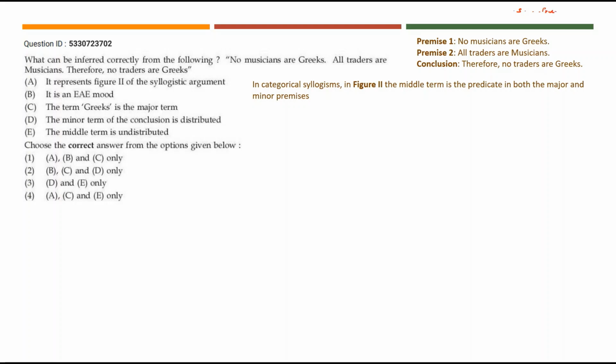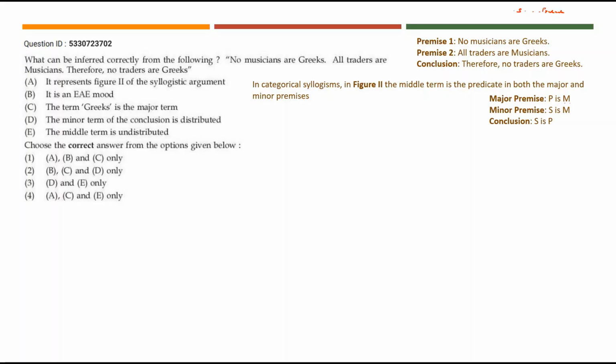So, predicate in the sense whatever is coming in the end of the premise. The middle term is the predicate in both the major and minor premises they have given. So, how will figure 2 structure be? Predicate is middle term, subject is middle term. From here they conclude this subject is predicate.